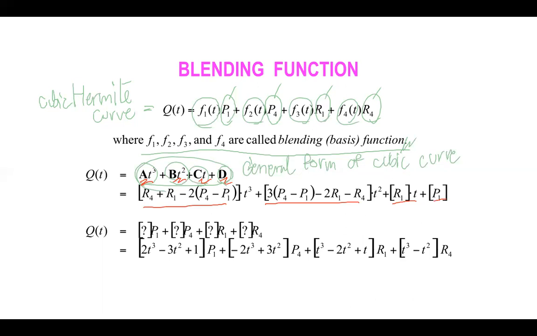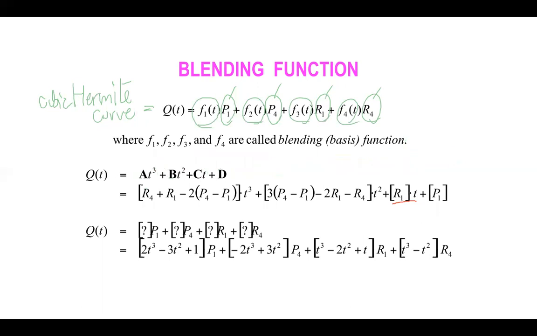The next thing you are going to do is pretty easy. Let me erase some dirty things here. What we are going to do next is write this equation in terms of P1, sorry, P1, P4, R1, and R4. But you have to get the factors. From this first term, you want to get P1.